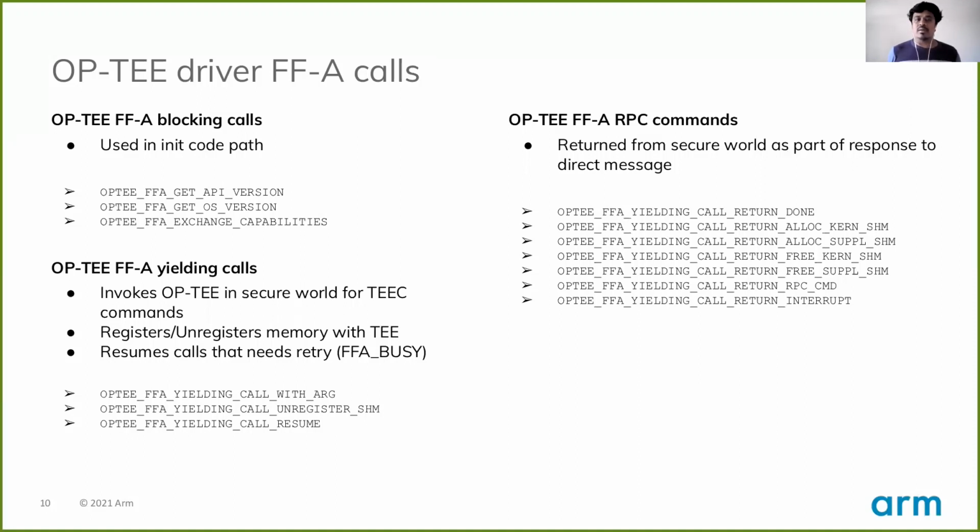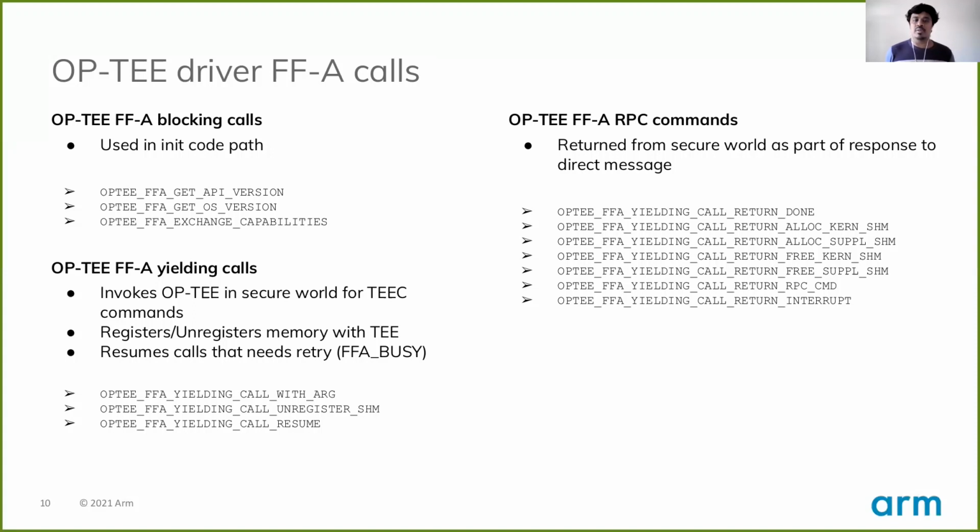Mainly, it is categorized into ARM FFA blocking calls and ARM FFA yielding calls. The blocking calls are used during the initialization phase. While it executes, the interrupts are disabled, and the function and the return arguments are sent through the registers.